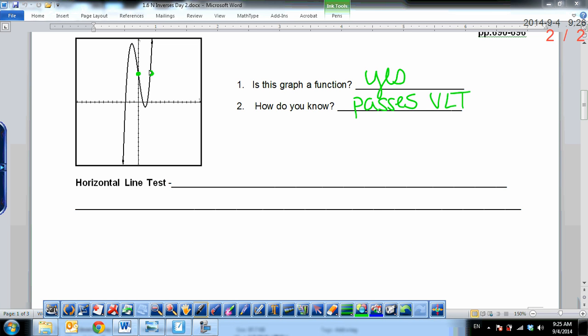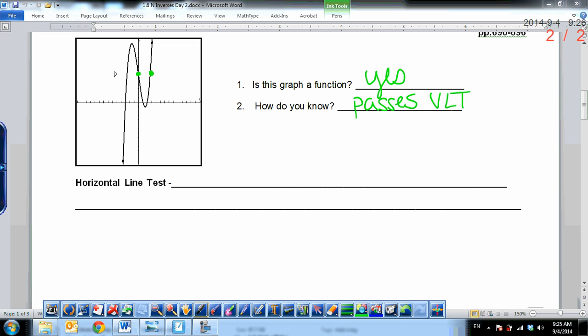So what that means is anytime you are thinking about the inverse of a function, if they had two of the same y values, then when you take the inverse, they're now going to have two of the same x values, right? Because we flipped x and y, okay? So instead of using a vertical line test to tell if the original is a function, we use what's called the horizontal line test to tell if the inverse is a function.